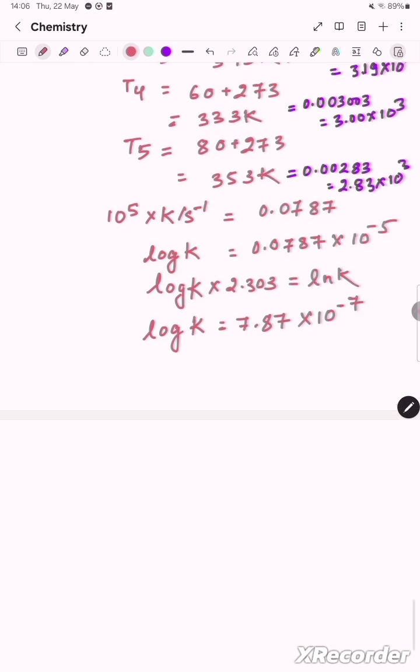Now we have to calculate log of 7.87 multiplied by 10 to the power minus 7.